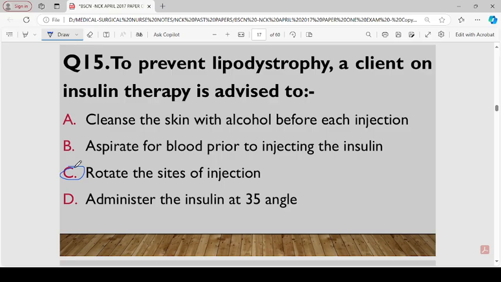Aspirating blood prior to injection, not really recommended. We have, of course, advocate for locating the correct site and performing the Z technique. Administering at 35 degrees, no, it should be at least 90 degrees or 45 for those who have insufficient subcutaneous tissue.